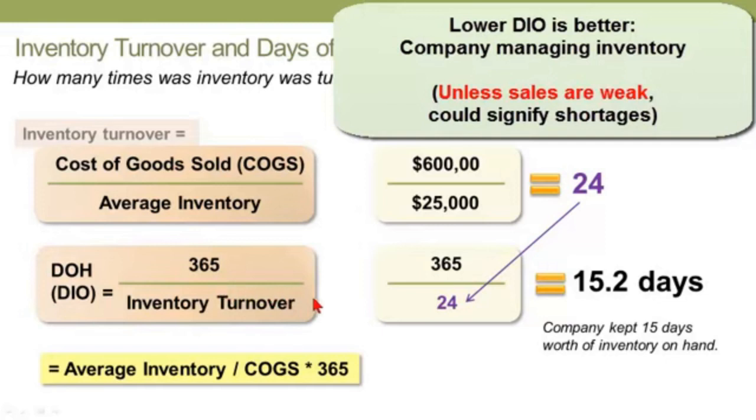But on the other hand, it's always an equivocation. If sales were weak, high turnover could mean that the company is constraining or contributing to its own low revenue growth through inventory shortages. So you see how it could go either way.